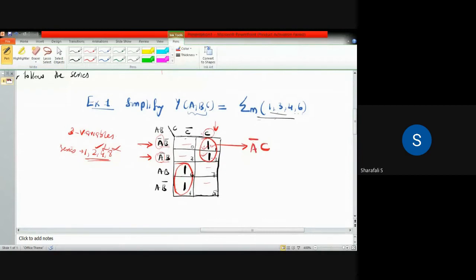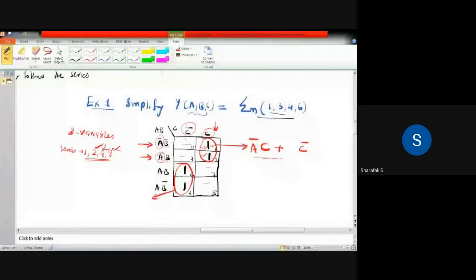Now I have to consider this particular case. What is common in this? C bar is common because both are in the same column. So I can write plus C bar, because this is a sum of products, SOP form. We are considering minterms, so this is the SOP form.